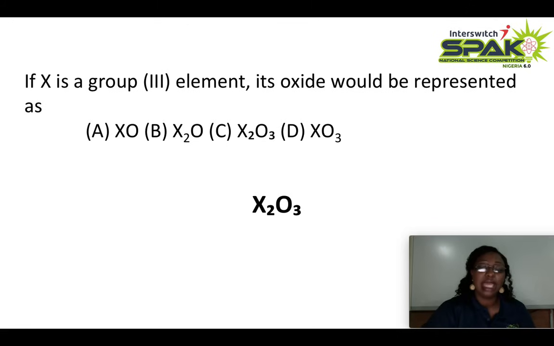If your X is aluminium, it gives you aluminium oxide, Al2O3. If your X is chromium, that will be Cr2O3. If it is iron 3, then it will be Fe2O3. So the right answer is X2O3.